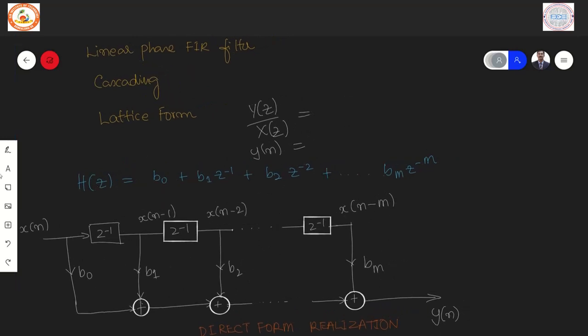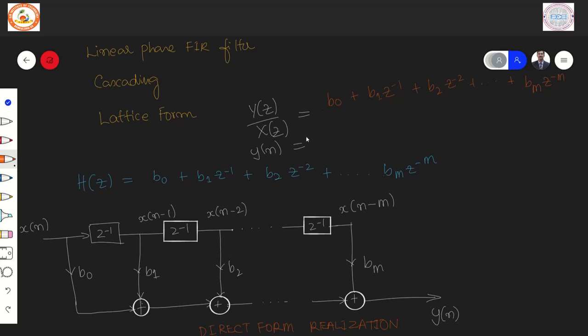So after this equation, next we obtain B0 plus B1 z inverse plus B2 z power of minus 2, the last term Bm z power of minus m. So this multiplication will give you X of z into all these terms.